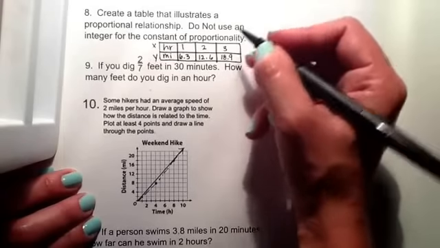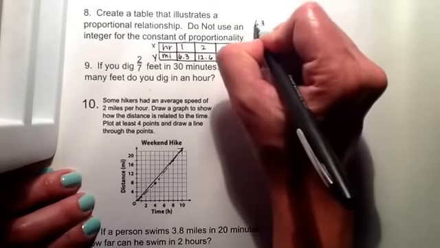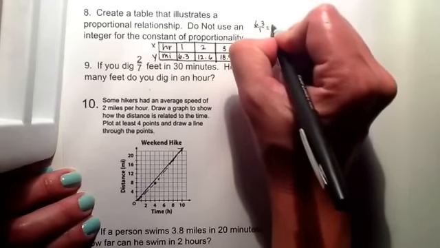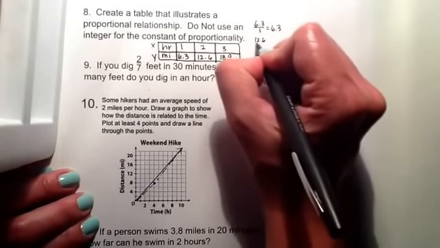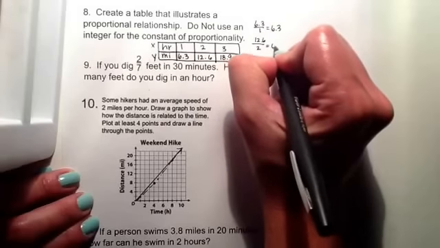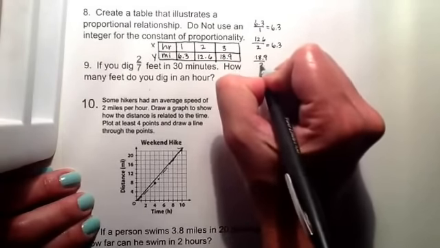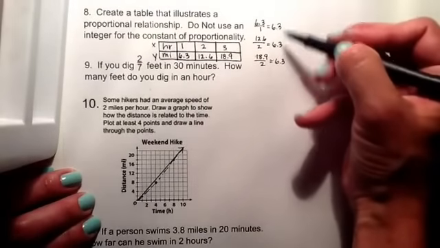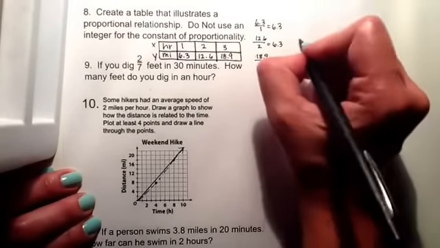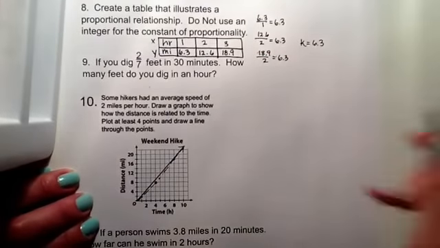So to get my constant, remember it's y over x, I would take my values and divide. That would be 6.3. And 12.6 divided by 2 would also be 6.3. And 18 and 9/10 divided by 3 would also be 6 3/10. So all these rates are the same. That's my constant, and it is not an integer.